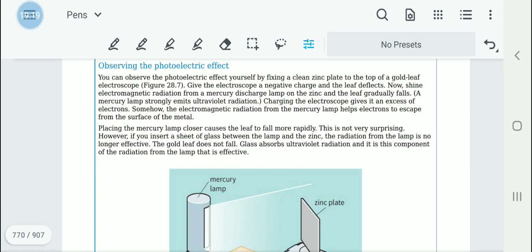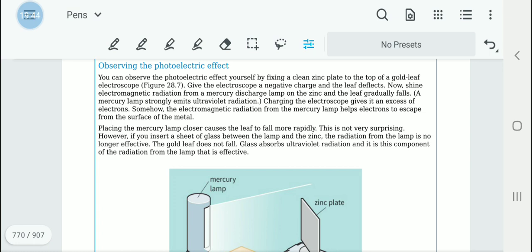When we shine electromagnetic radiation from a mercury discharge lamp, which has a very high intensity light, the zinc and the leaf gradually begin to fall. The mercury lamp has the ability of releasing strong ultraviolet radiation.